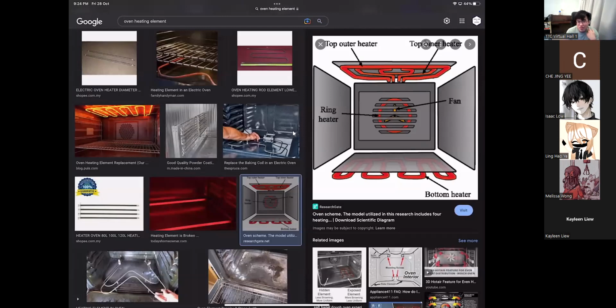If your mom is baking cookies, if she switches on the fan, it improves the circulation. Whatever you are baking inside, let's say cookies or cake, they will cook more evenly. Okay, not to say hotter, but it's more even.